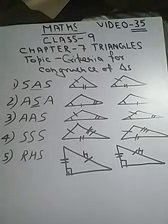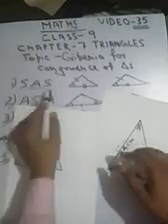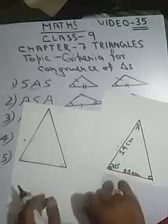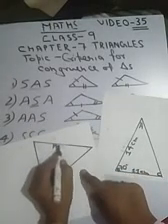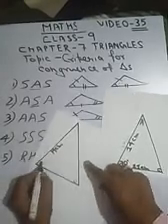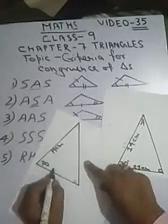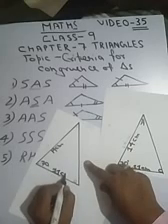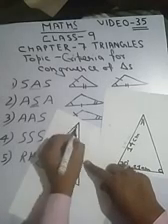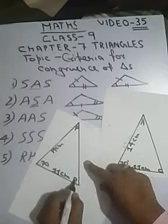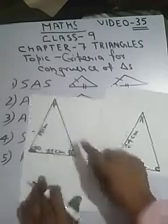Okay, now let's take some demonstration here. See, I'm going to prove this SAS by these two triangles. I have drawn two triangles. One triangle is PQR.